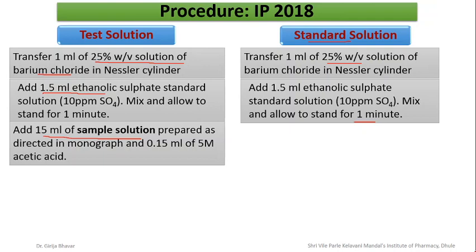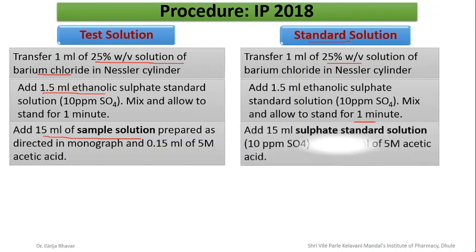While in the other Nessler cylinder, labeled as standard solution, add 15 ml of standard sulfate solution containing 10 ppm of sulfate and 0.15 ml of 5 molar acetic acid.